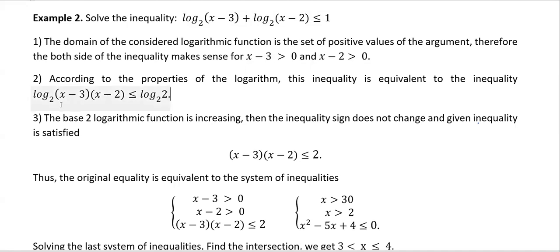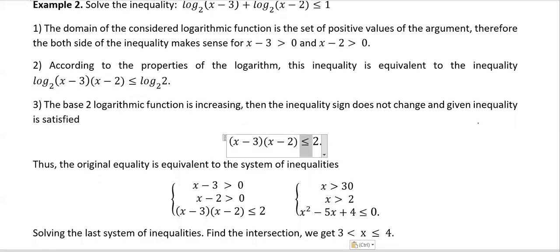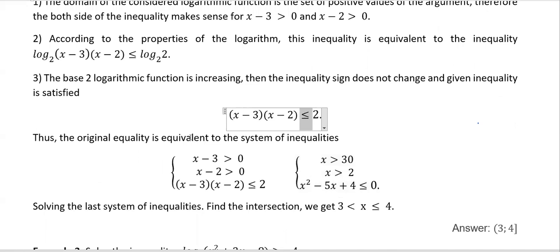When we are isolating, we look at this base. In this case, the base of the logarithm is greater than 1, so the inequality sign does not change. So the original inequality is equivalent to the system of these inequalities.